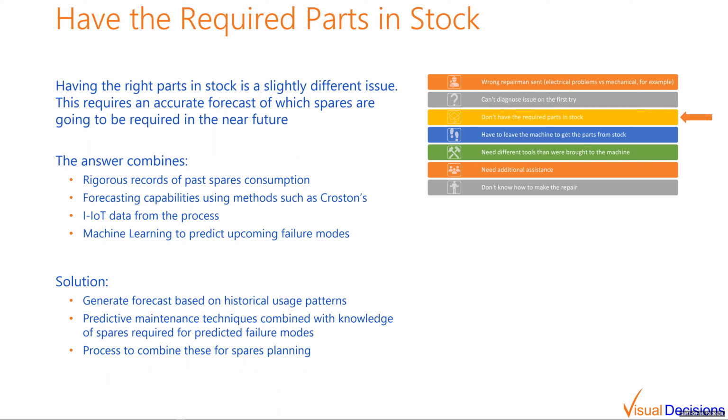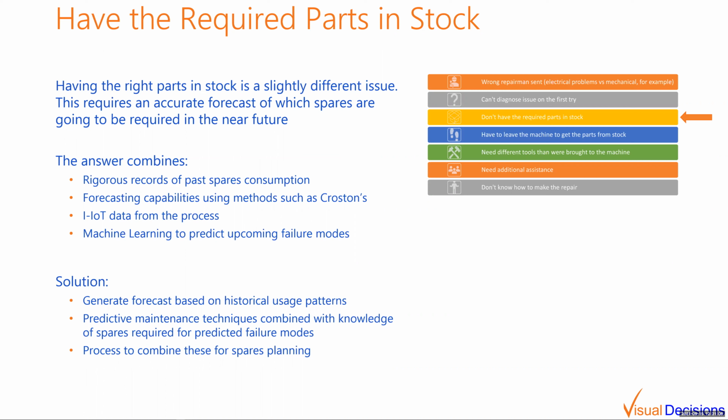The next step is having the required parts in stock. At first it may not seem like this is something an Industry 4.0 system can help with, but if you look at the entire history on this machine and you're able to compare past spares consumption, you have some forecasting capabilities on what the spares inventory should look like.